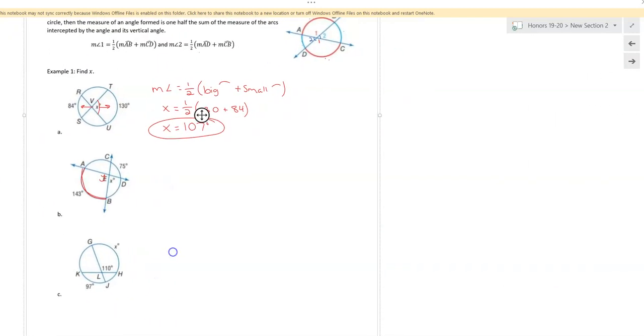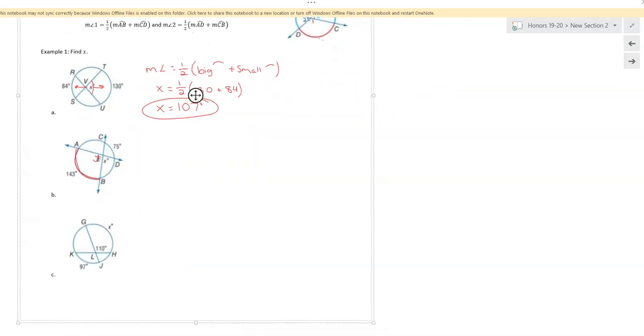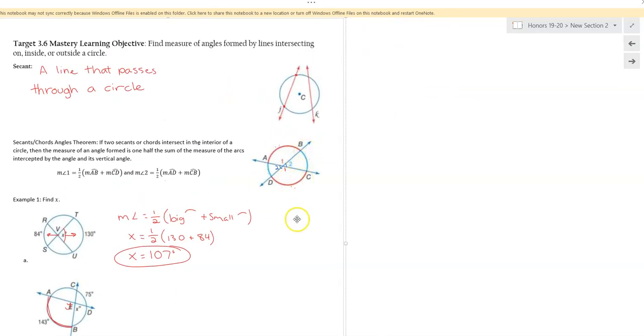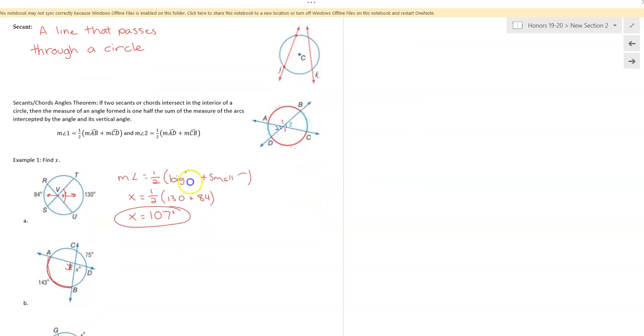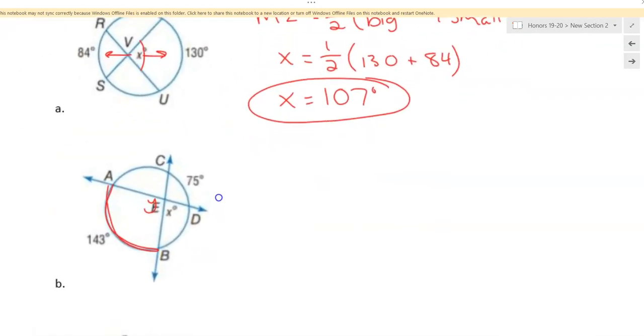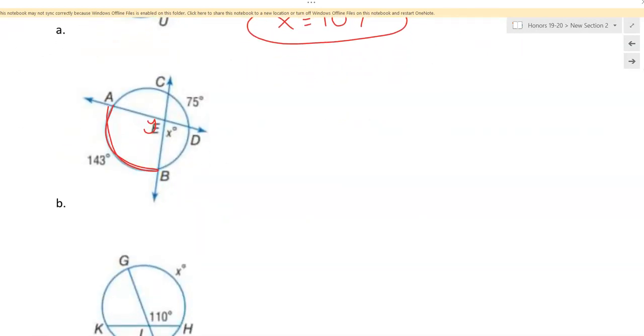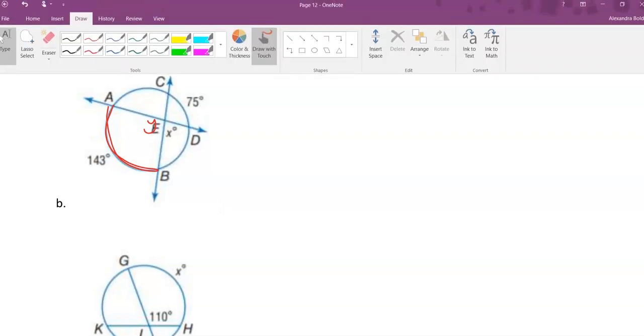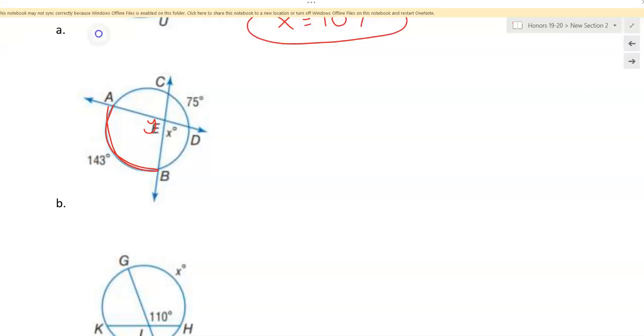But that's not the angle we're looking for. Oh my gosh, sorry guys, it's jumping around. But that y is not the angle we're looking for. However, we might need it in order to solve for x. So this is also a common situation you'd see. So I am going to solve for y first.